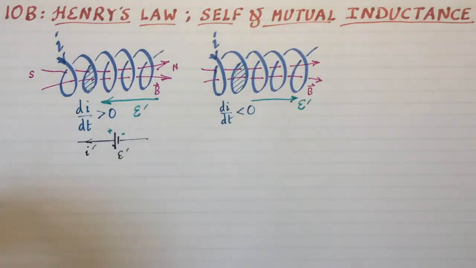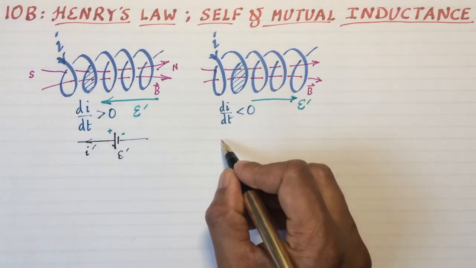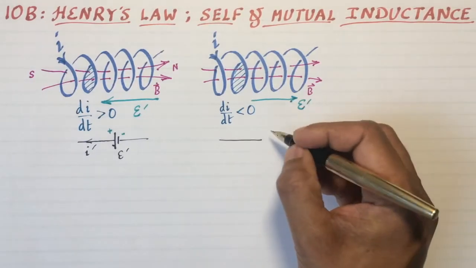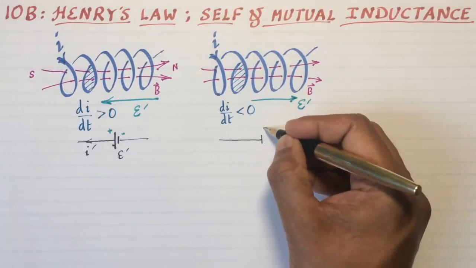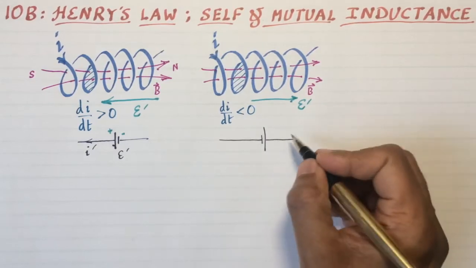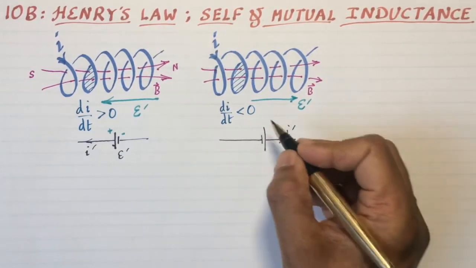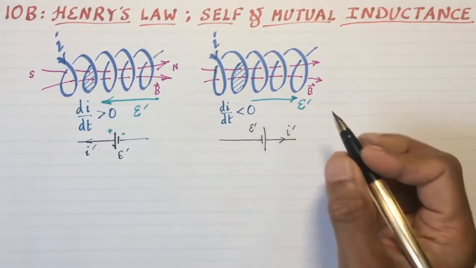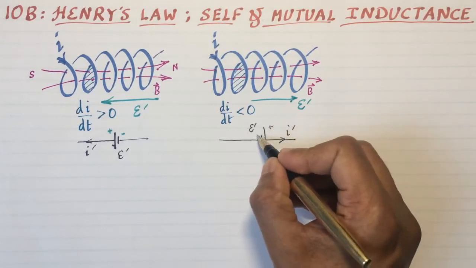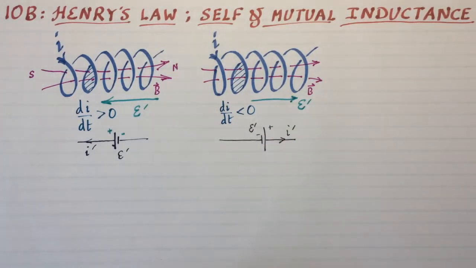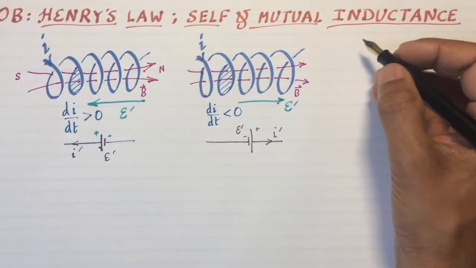And what that would correspond to in modern circuit theory terms would be having a battery that aligns itself like that in the circuit, producing an induced current, E prime, with this being the plus and that being the minus. So these were the observations of Henry, and he called this EMF E prime the back EMF.